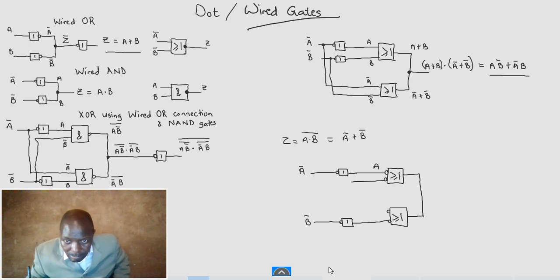My A here goes in with my, I wanted to go in with my B. I've messed it up here. This must go up.